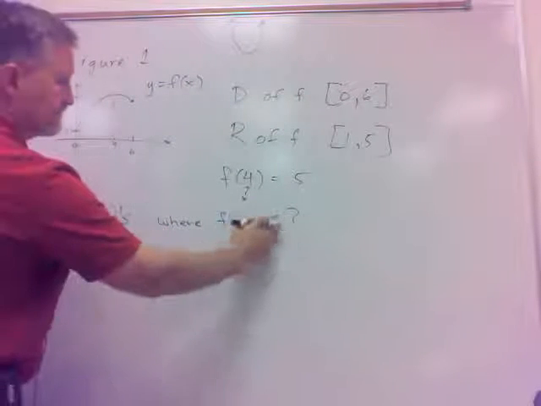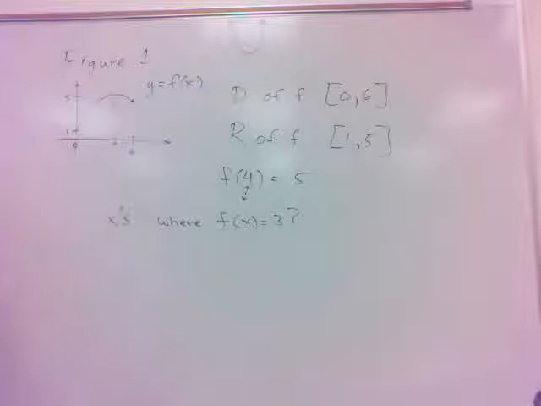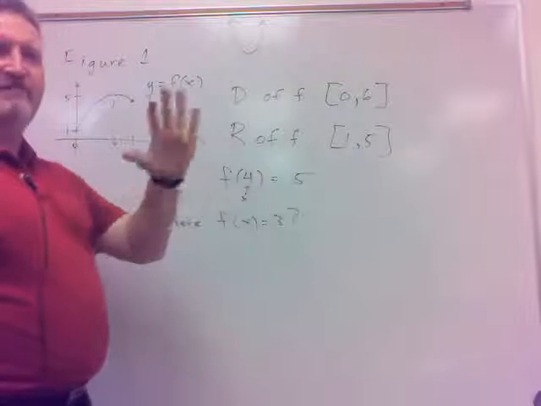The other question here that they might ask, I think they probably will ask this type of question: what are the x's where f of x equals 3? What does that mean? Well, in the last problem, I gave you the x, right?